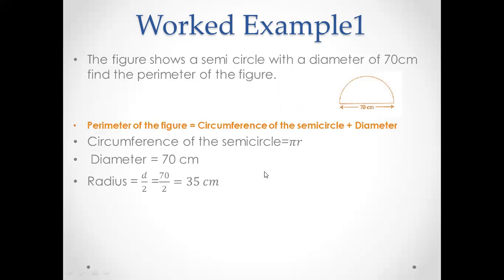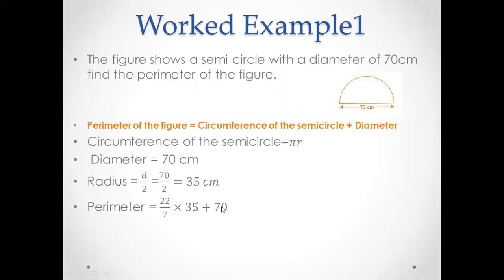Now we will substitute the values of the circumference of the semicircle and the diameter to get the perimeter of this figure. As we know, the circumference of a semicircle is pi r. The value of pi is 22 upon 7 and the radius is 35.